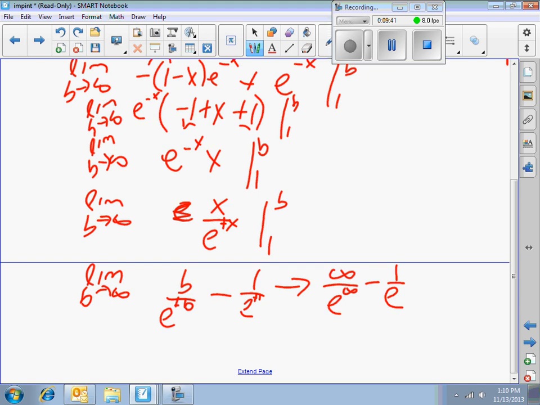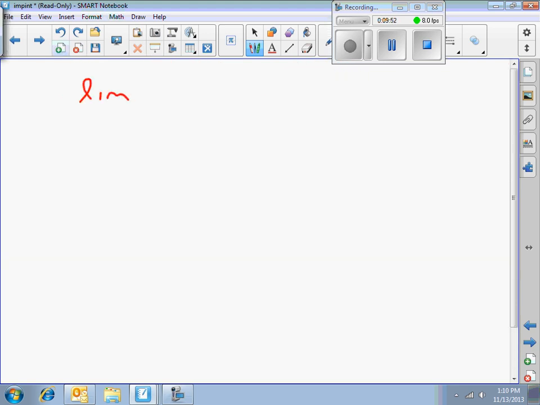So guess what? We're going to come back up to L'Hopital's rule. So let me rewrite that on another page. I'm looking at the limit as b approaches infinity of b over e to the b minus 1 over e. Now, because it's infinity over infinity, it's a L'Hopital indeterminate, and I can then, by using L'Hopital's rule, take the derivative.